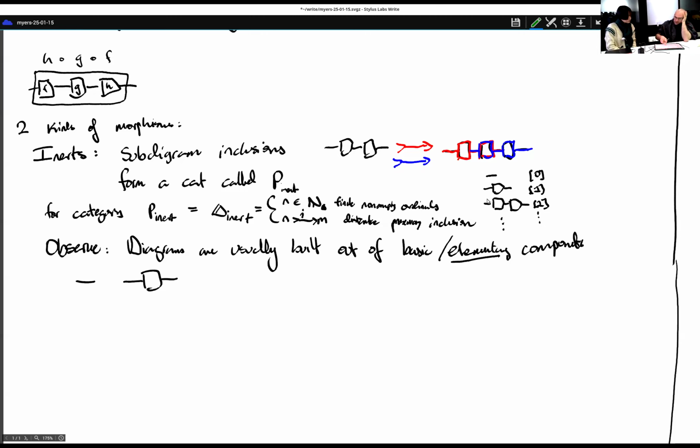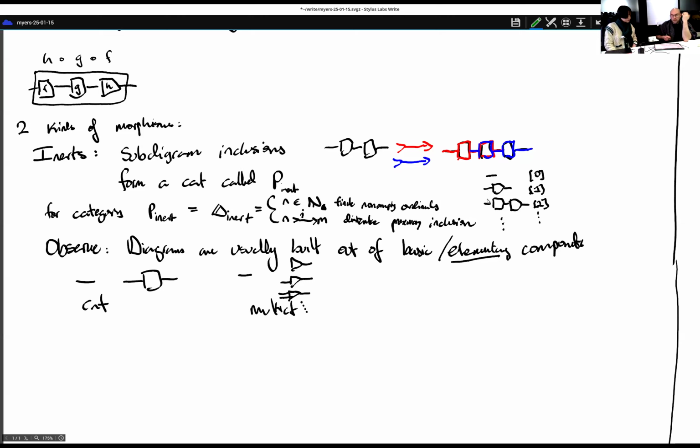For some of the other structures here, the elementaries for categories are like there and there. I'll claim this is Cat. For multicat, we have the wire, and then we have a few other different kinds of boxes, one of them corresponding to each arity. So there's not necessarily finitely many elementary boxes.